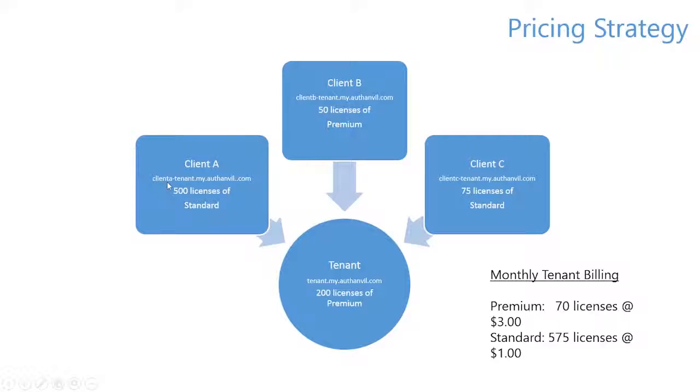So in this case, it would be client A hyphen tenant, client B hyphen tenant, client C hyphen tenant, and you would set those up yourselves when you have the IDaaS enablement, as I showed you earlier, by setting up those unique organizations. You can manage those organizations from your tenant license, if you will. You can see all of their usage and so on and so forth. And then the billing would be based on the accumulation or total of all of the different licenses by type. Pretty straightforward.